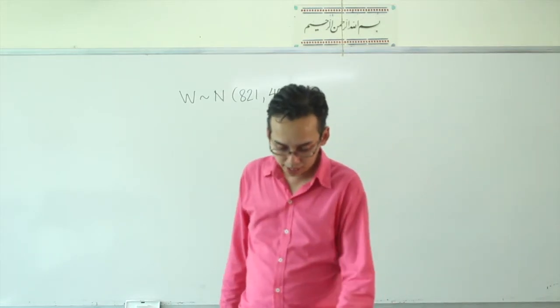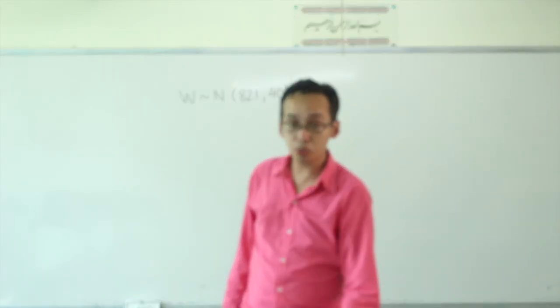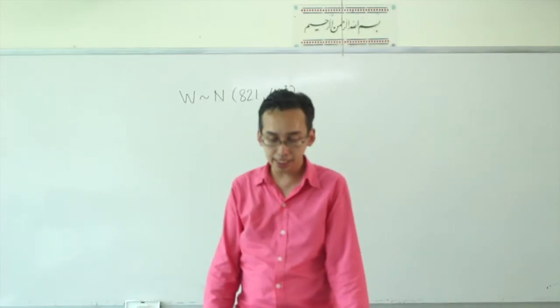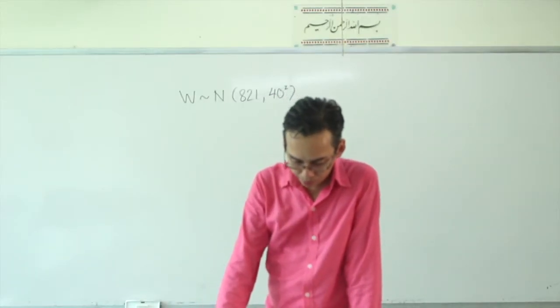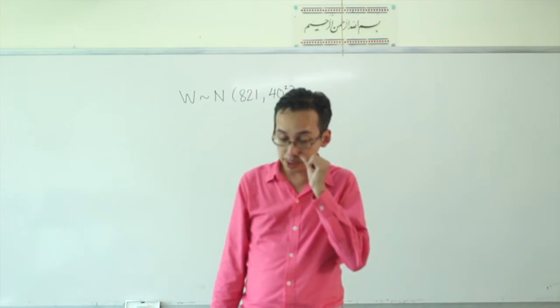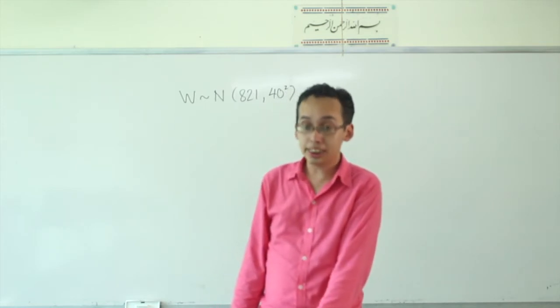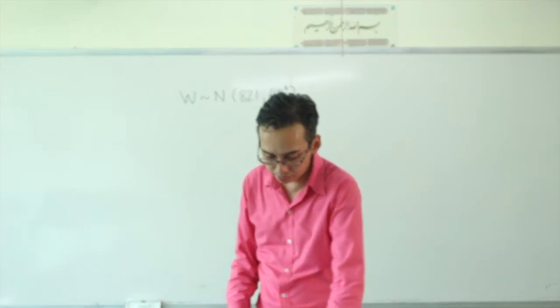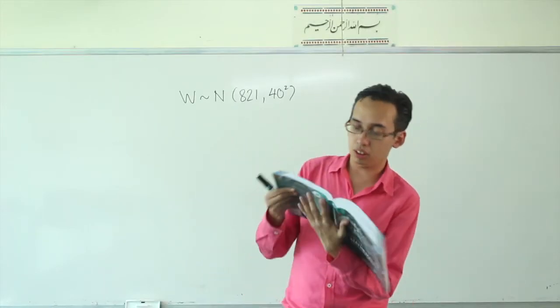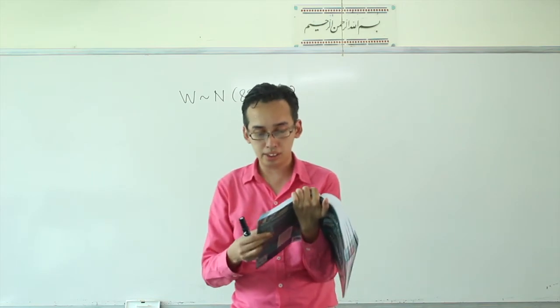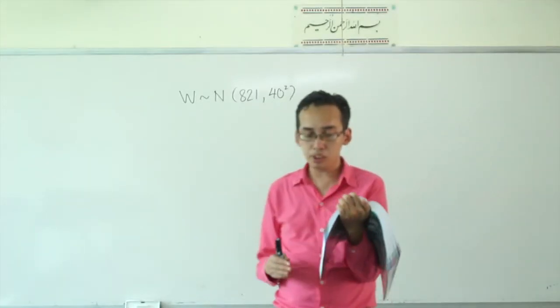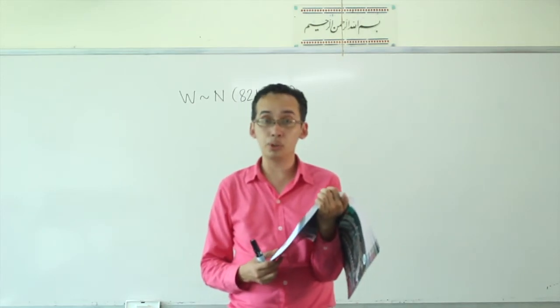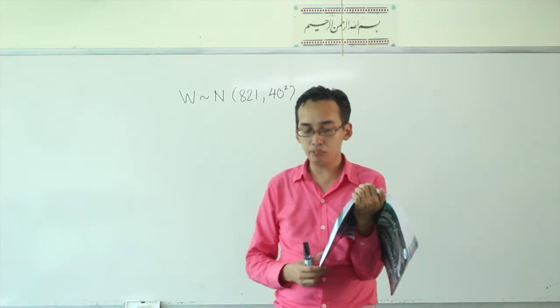We are back. We are now doing example 12 on page 599 of your textbook, Maths Application and Interpretation, HL level. Let's look at the question and read it first. The weights of cauliflowers purchased by a supermarket from their suppliers are distributed normally with mean 821 grams and standard deviation 40 grams.